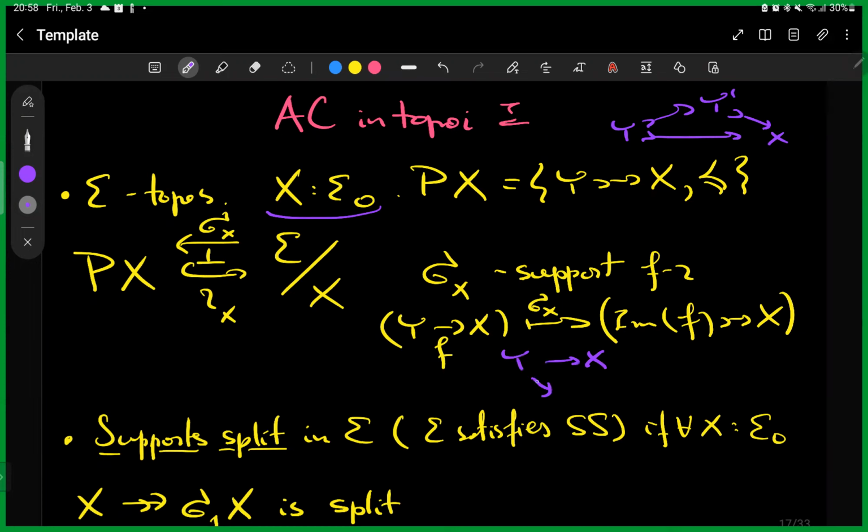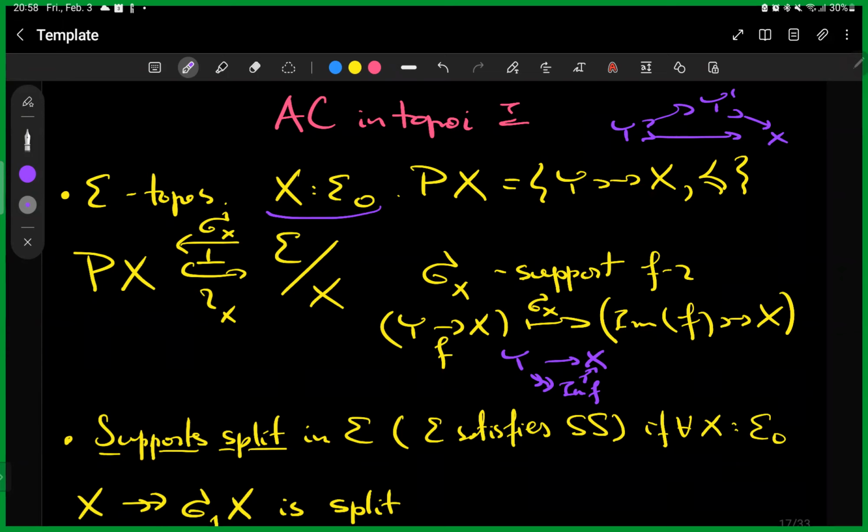So each morphism factorizes as an epimorphism followed by a monomorphism. And we take precisely the image of this epimorphism, it's called an image of a morphism. And this support functor maps an object over X into the image of the corresponding morphism.